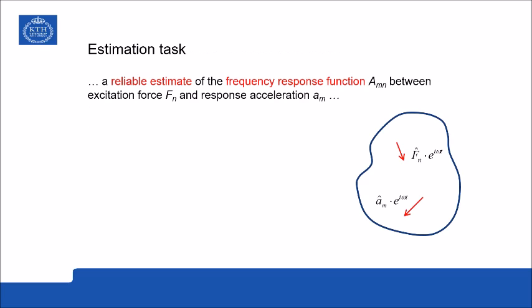So in order to refresh what we have said earlier, what we want is a reliable estimate, with as small errors as possible, of the frequency response function between an excitation and the response. And as we know from earlier, the defining relation of this frequency response function is the response spectrum over the excitation spectrum.